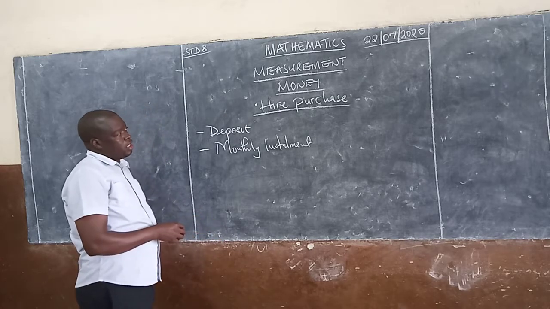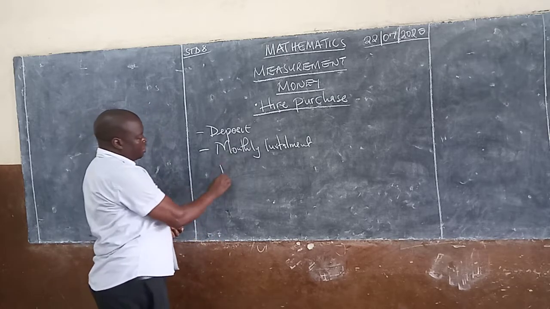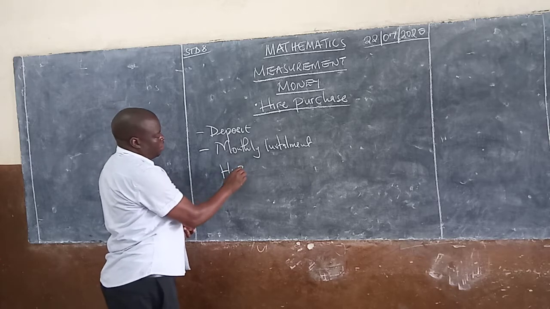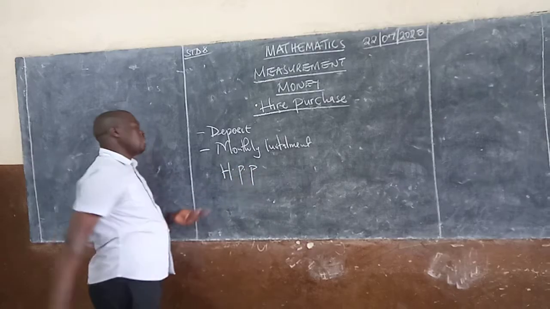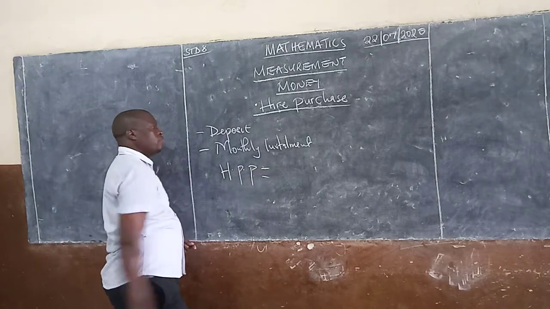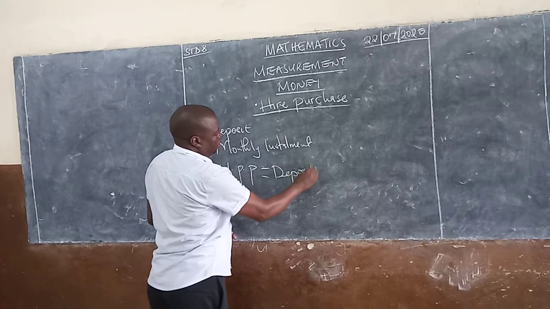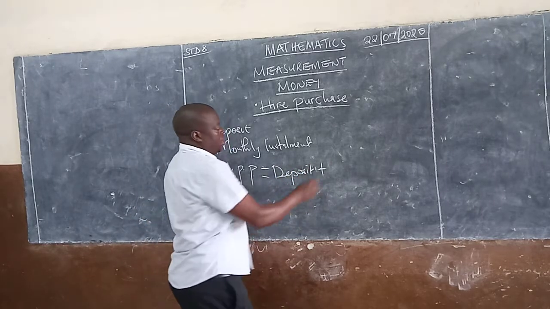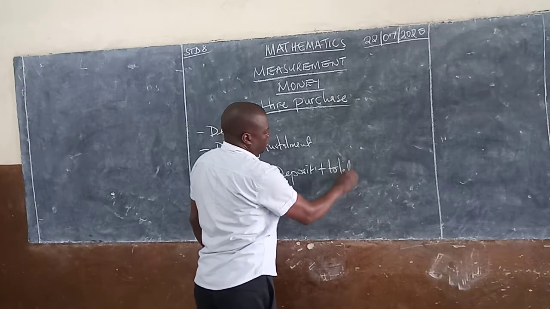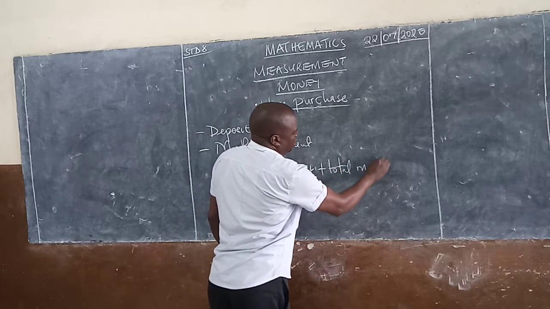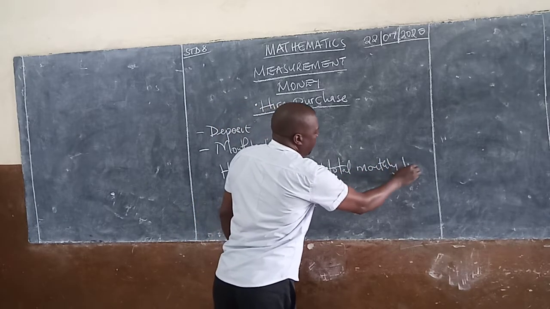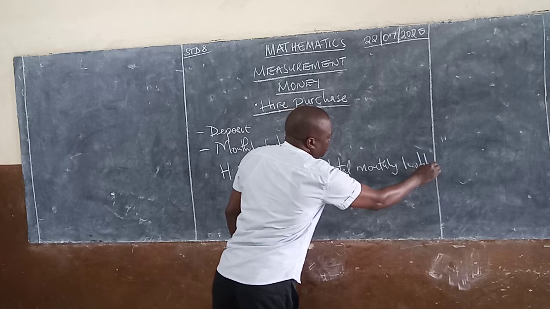These are the questions that can be brought in hire purchase. The HPP, the hire purchase price, is equivalent to the deposit plus the total monthly installments.